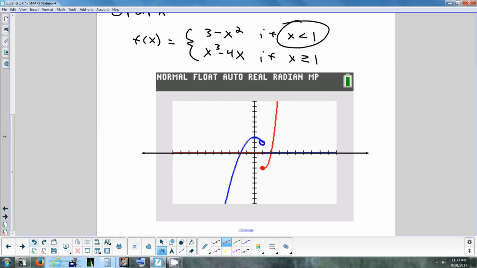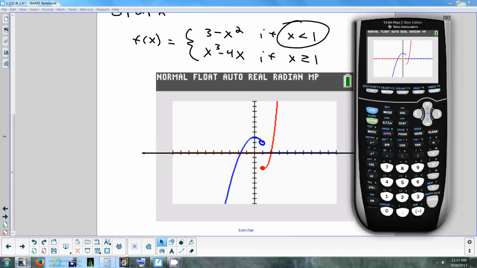Yeah? I tried to graph it, I get an error. You get an error? Does it say what kind of error? Syntax. So what that means is there's a symbol that's wrong. Okay, I can show you a syntax error. If I accidentally put in a negative sign instead of a minus sign and hit graph, I get a syntax error.